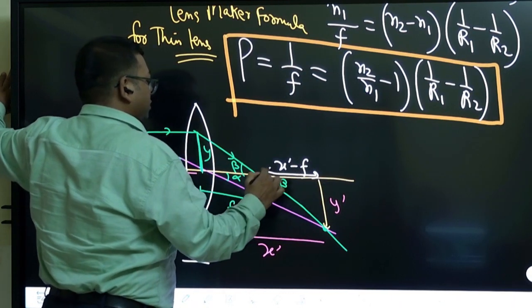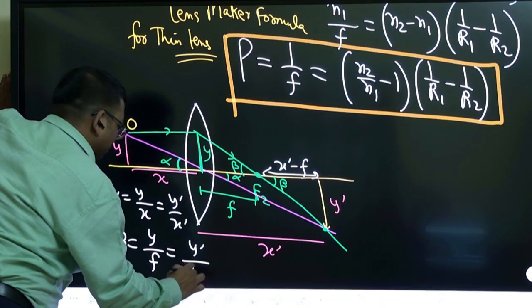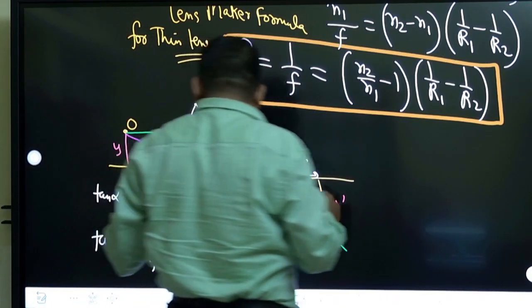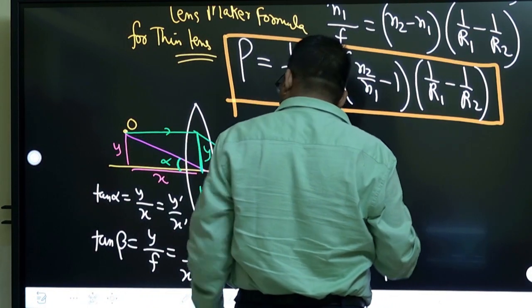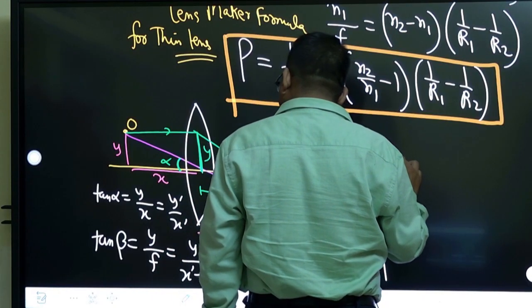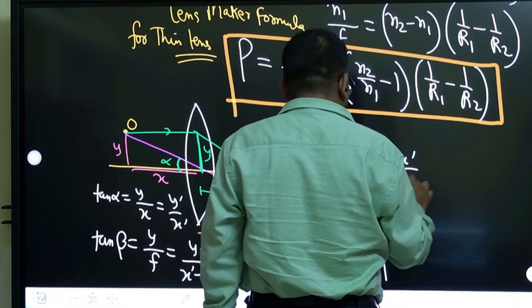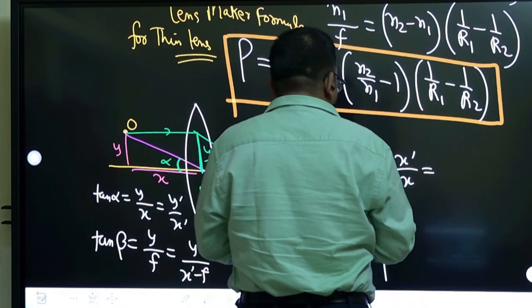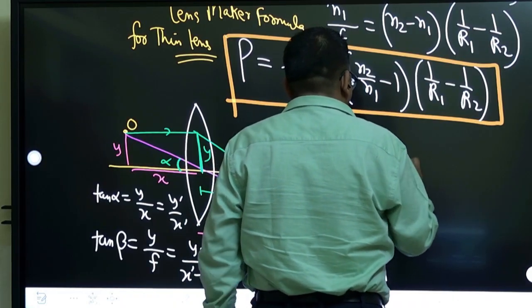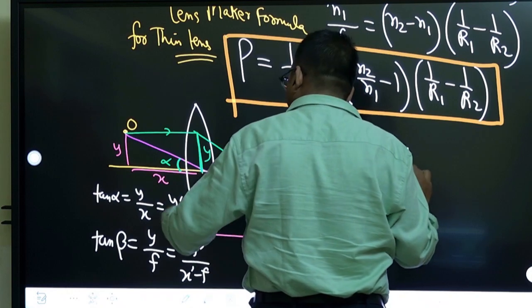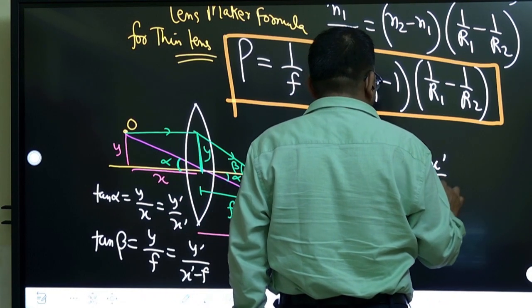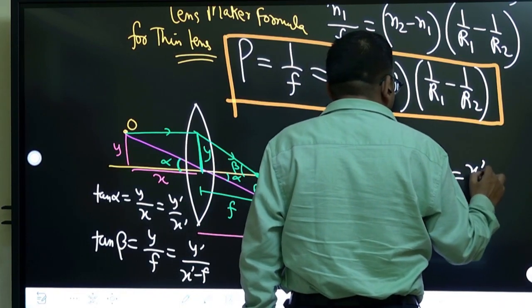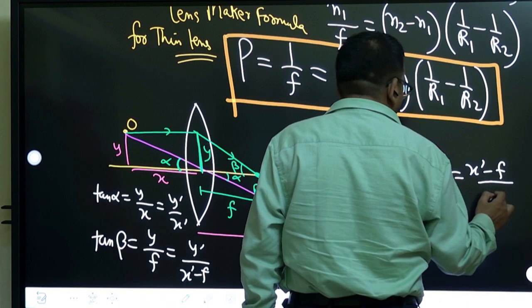Now if I try to eliminate y dash by y, from this I get y dash by y as x dash by x, and the same y dash by y comes as x dash minus f by f.